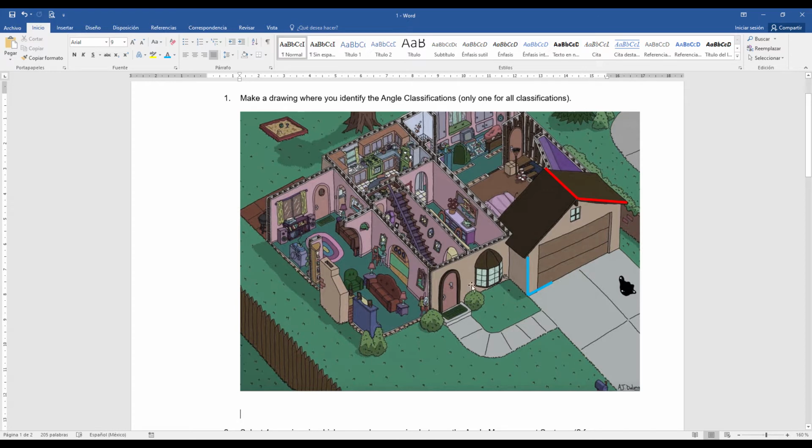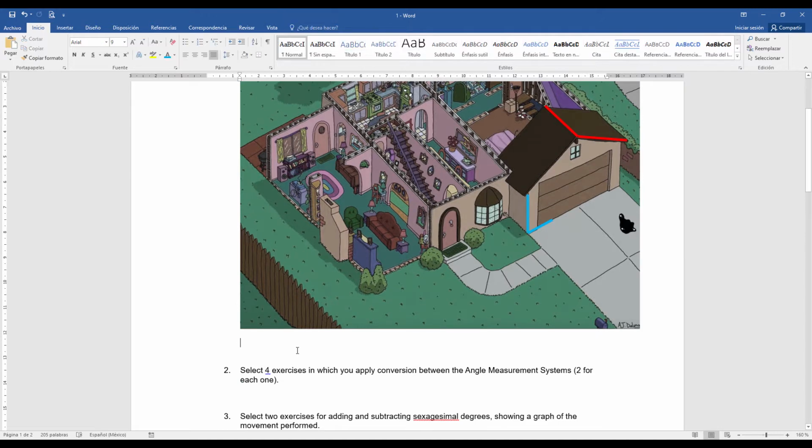That drawing is important, it needs to be a drawing, because the drawings use lines to identify angles. For example, I use shapes here to identify that angle and other shapes here to identify that angle.